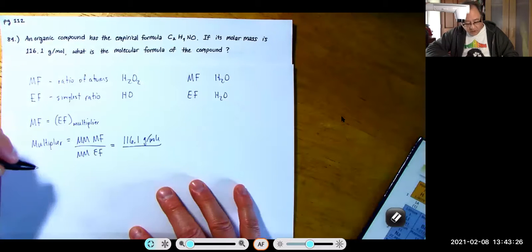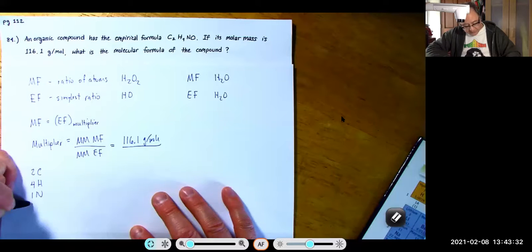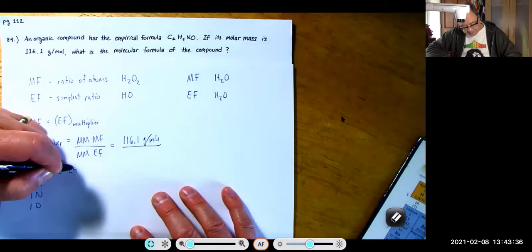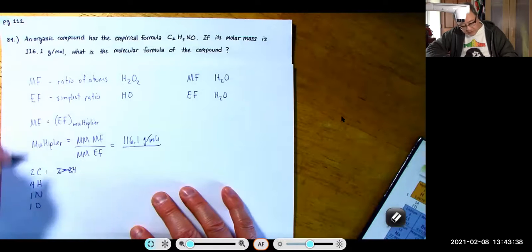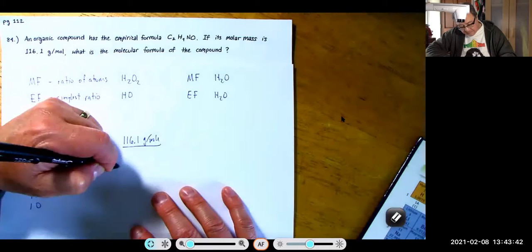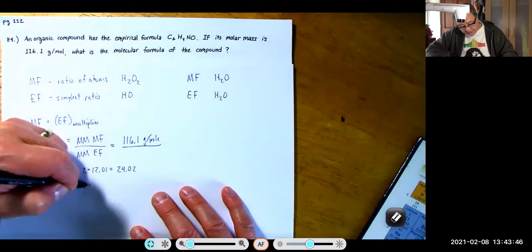Well, we've got 2 carbons, 4 hydrogens, 1 nitrogen, and 1 oxygen. So for the carbons, we've got 2 times 12.01. For the hydrogens, we've got 4 times 1.01.